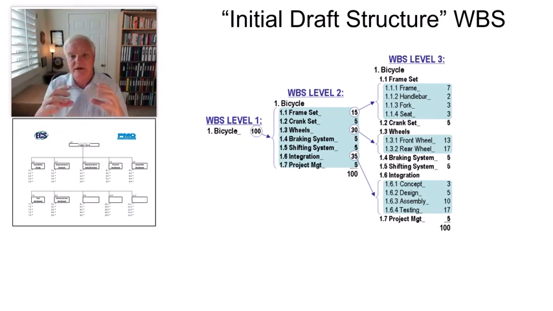And then underneath that also, as you come off of 1-1, the frame set, and you go over to the frame set, the tasks or the elements below that would be the frame, the handlebar, the fork, the seat. All of those are components umbrellaed away from that. This is just an initial draft structure for the WBS.